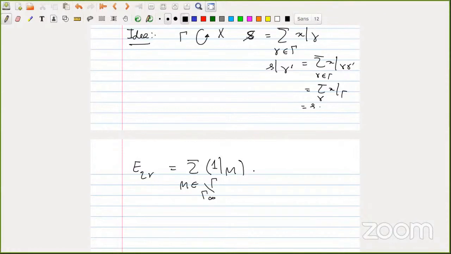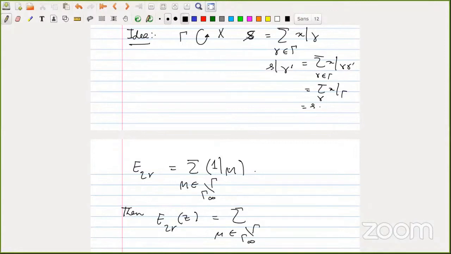So E_2r of z will be equal to the summation over M belonging to gamma mod gamma infinity.